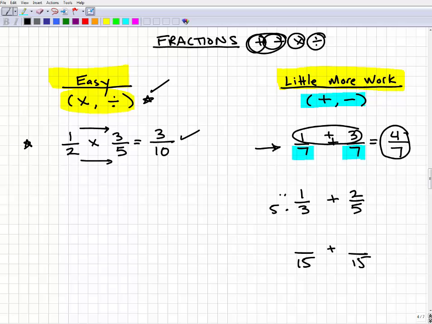If I do that, I multiply the top by 5 as well, so this becomes 5/15. Same thing here. How do I turn a 5 into a 15? Multiply it by 3. But if I multiply the bottom by 3, I have to multiply the top by 3. So this fraction becomes 6/15, and now I can just add like I did up here. Same denominators, just add the numerators: 11/15, and I'm done.